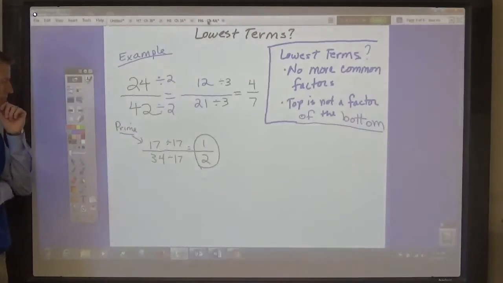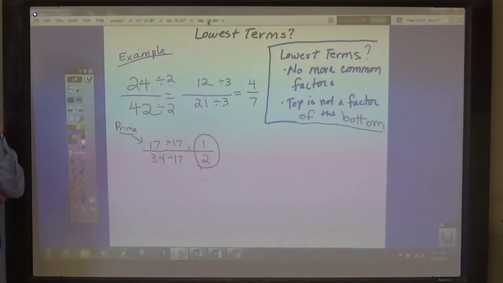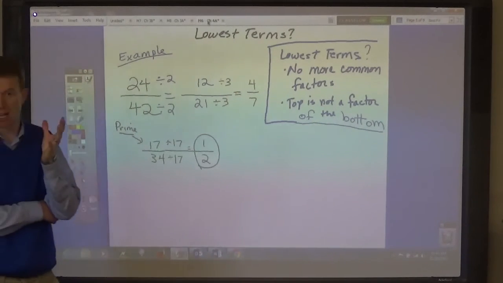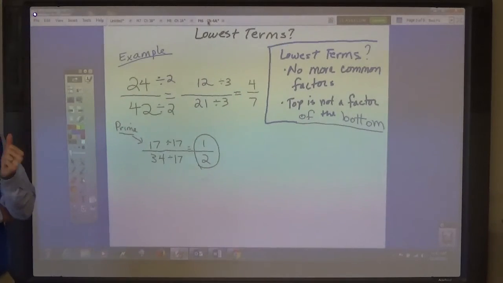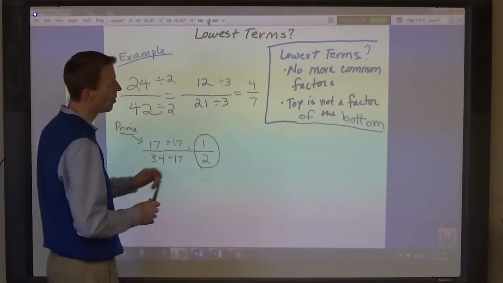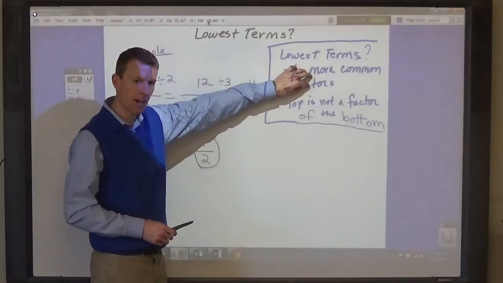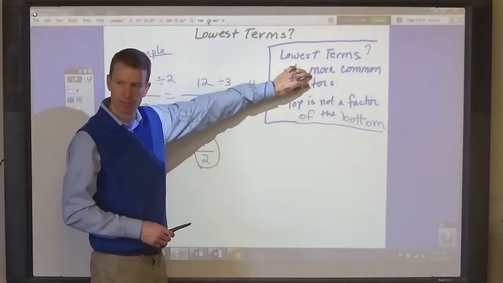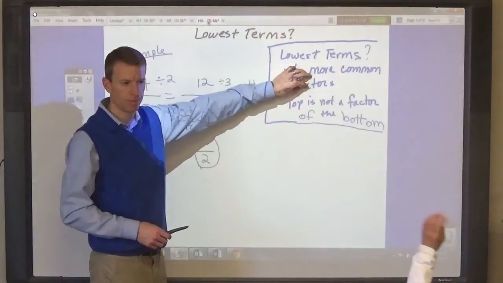Okay? So then they have a common factor. The top number is the common factor. So what we're looking for is if they have a common factor. All right?